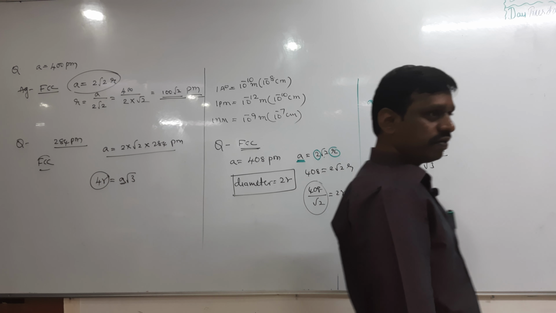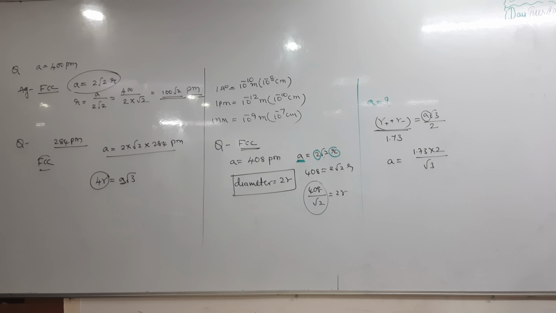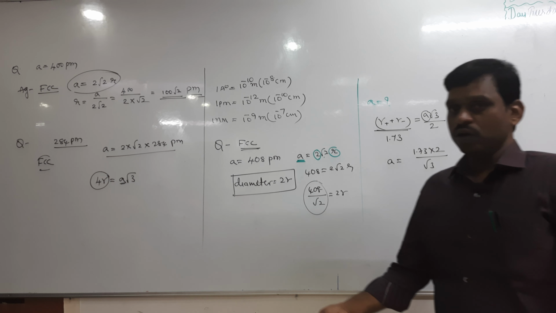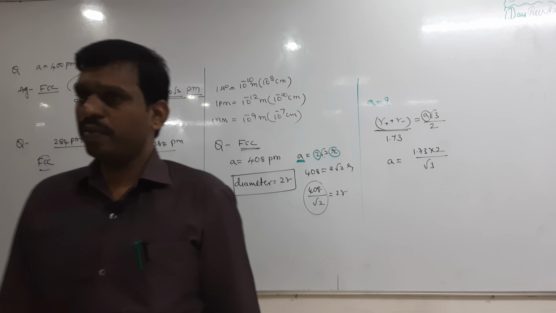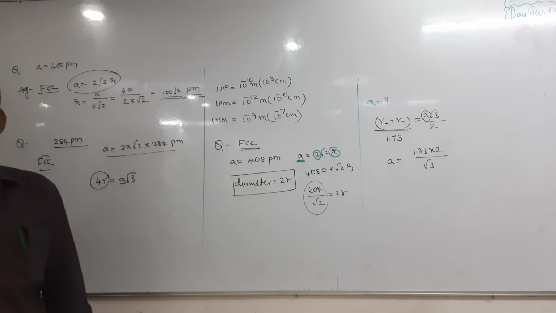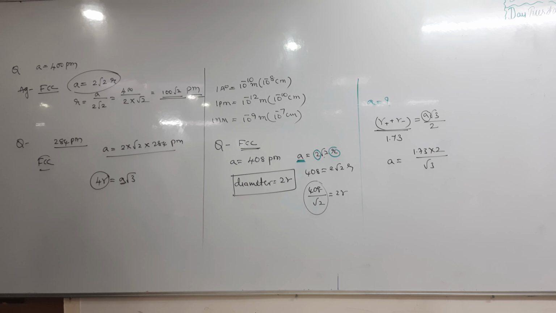Face diagonal line. So what is the formula of face diagonal line? 4R equal to A root 2, right? A into root 2. A value given 400, root 2 value is 1.414. Multiply with 1.414, we'll get the answer. So all the model questions are covered.